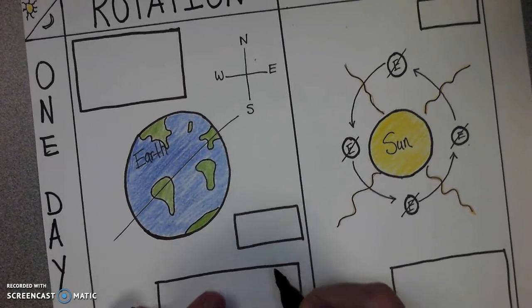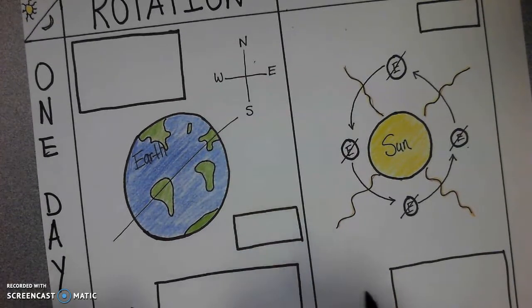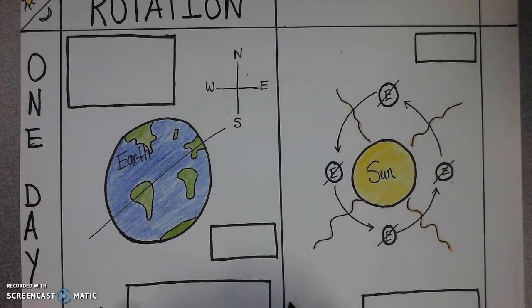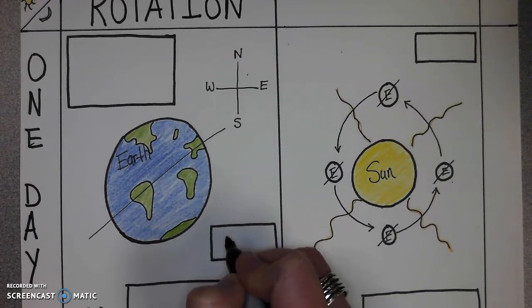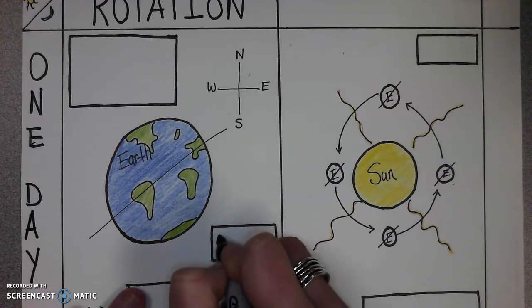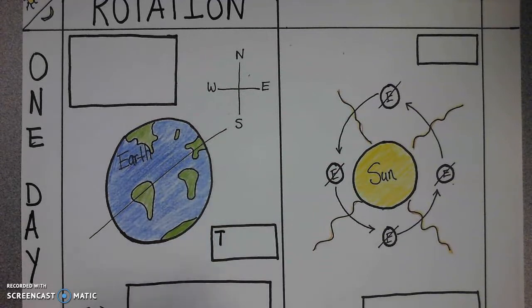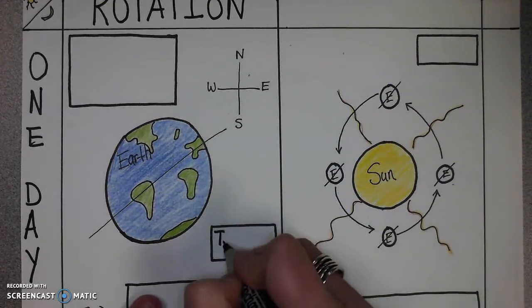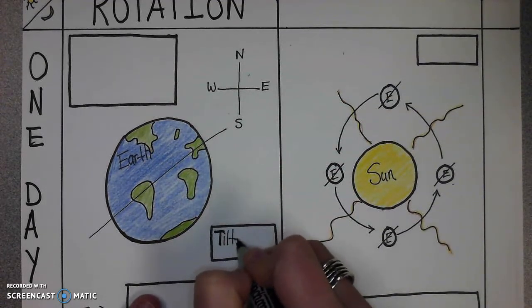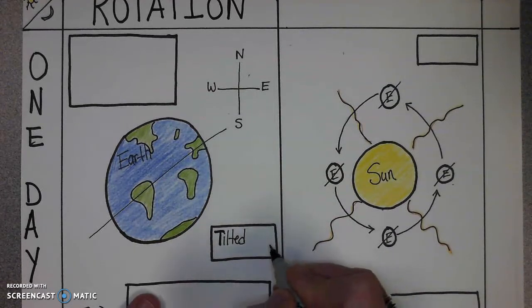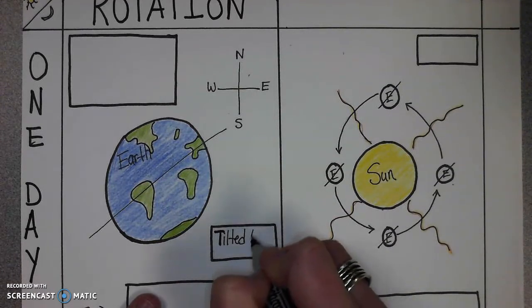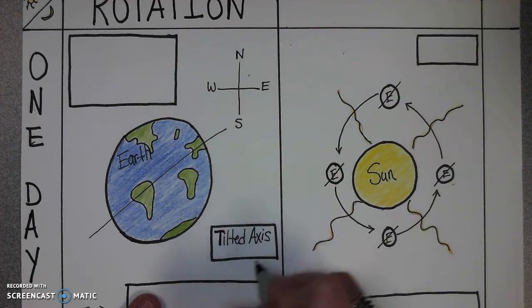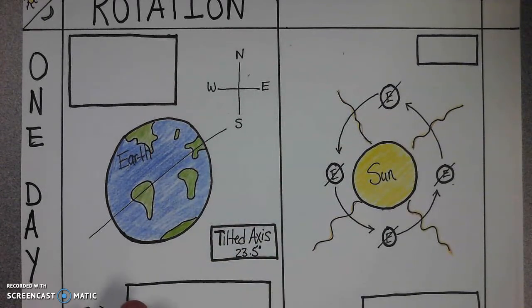So I'm just going to put in this little box, sorry, I'm using the wrong side, tilted axis, 23.5 degrees.